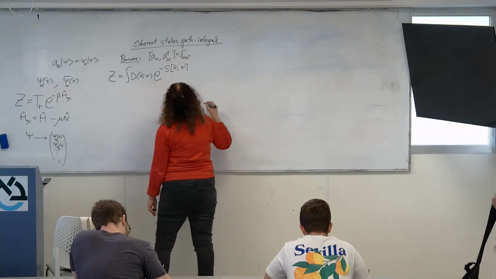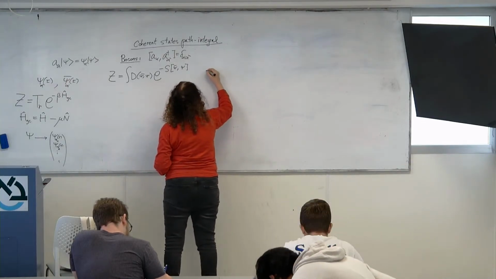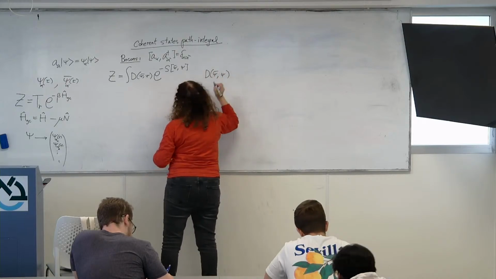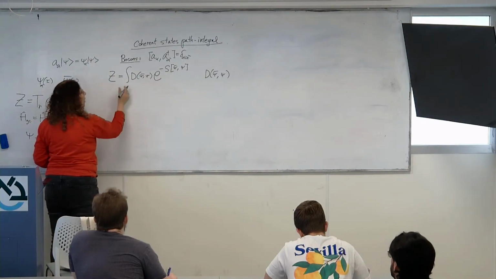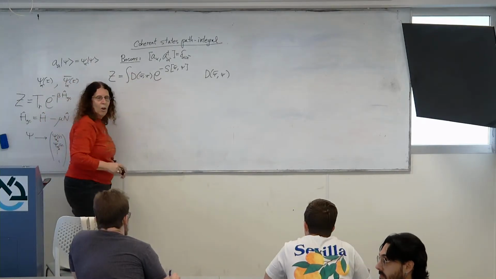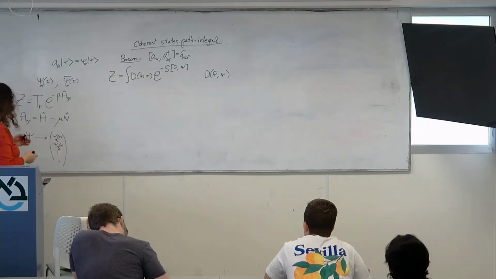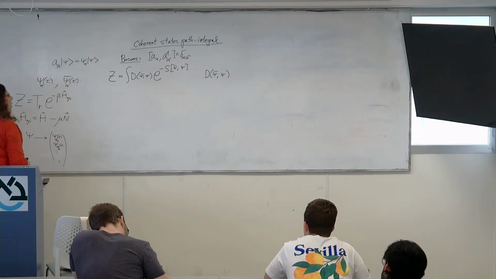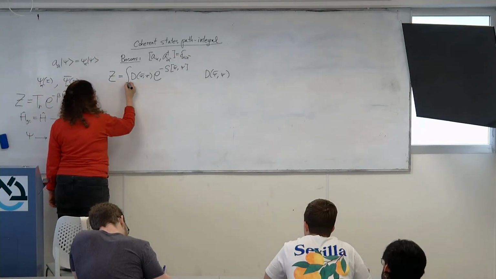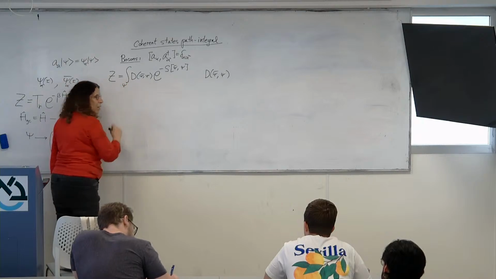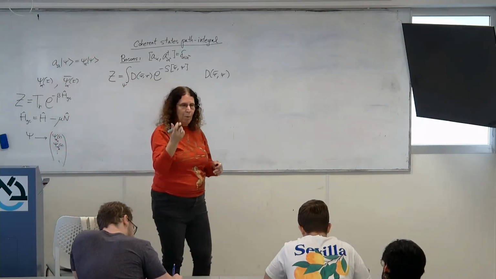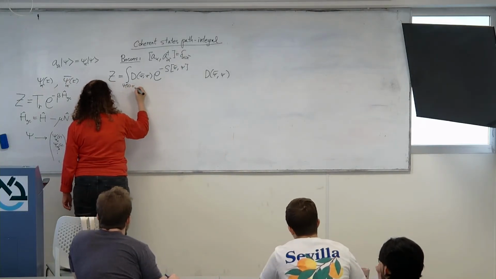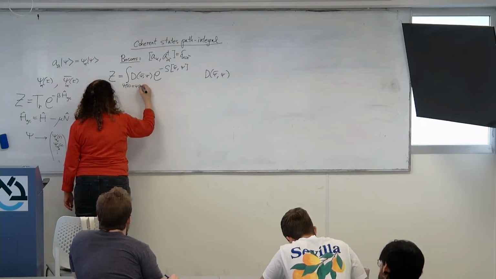Okay, so what are the definitions here? First of all, let us define this differential. And I forgot to write here something. I'm integrating over all the possible values of psi of tau, where I have a constraint of periodic boundary condition in the imaginary time direction. So psi of 0 equals psi of beta.